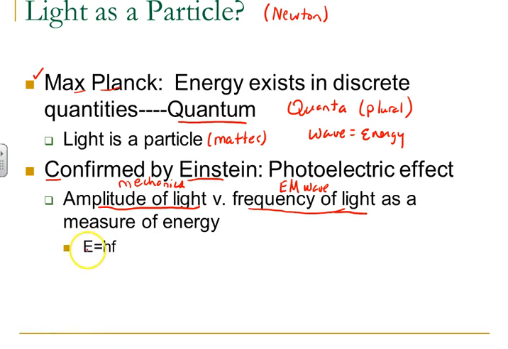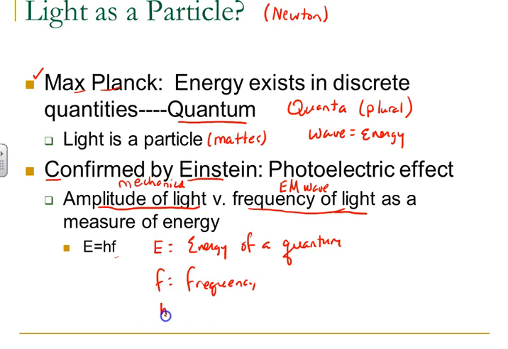Okay, and we get this equation. This is the Planck equation, E equals hf. This says the energy of a quantum is proportional to the frequency, and then we have this constant known as Planck's constant, which is 6.626 times 10 to the negative 34th joule seconds.